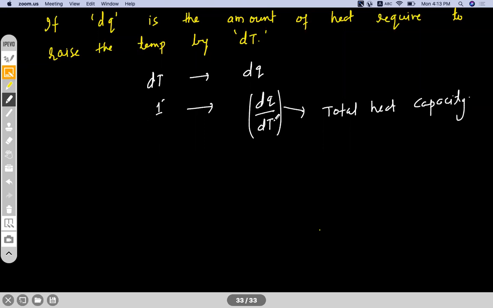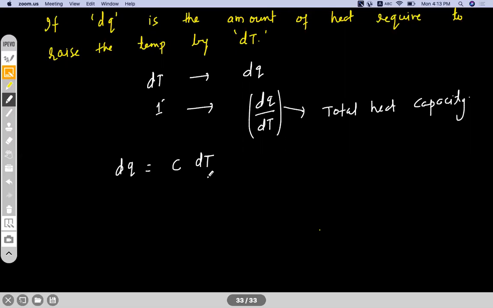If we define this for molar heat capacity, it is per mole, so you need to take 1 mole of substance. So dq is equal to the total heat capacity C into dT.